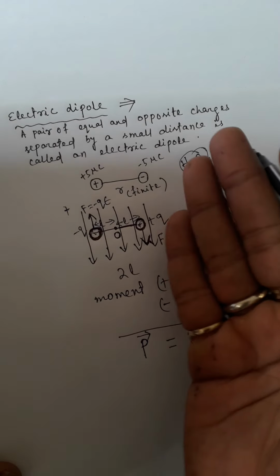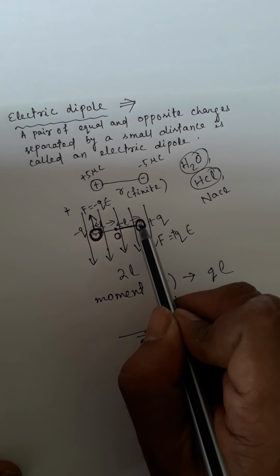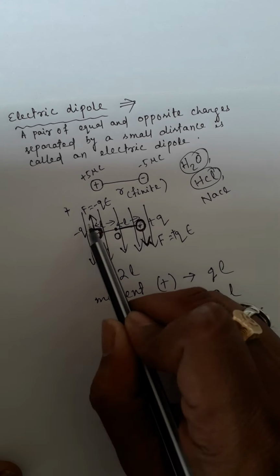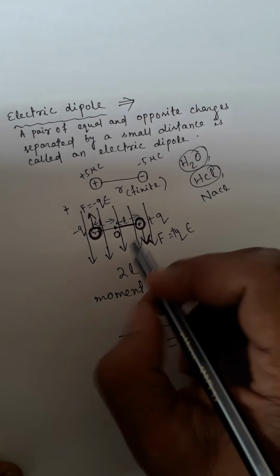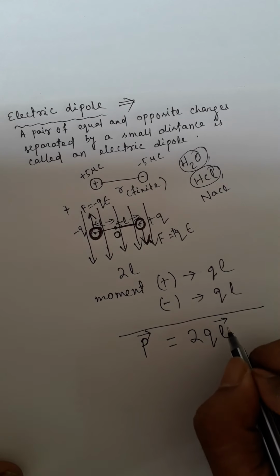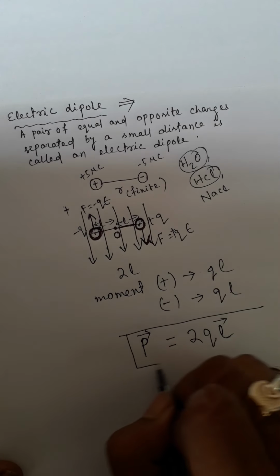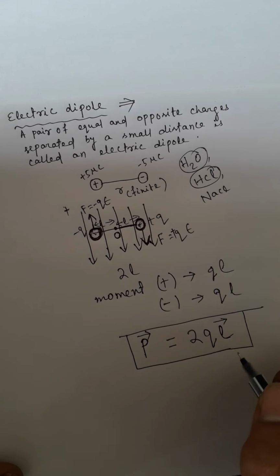Or in chemistry you can say that the direction of the dipole is always from positive to negative, and there the displacement is from positive to negative. So this L will be a vector quantity and the dipole moment P will be a vector quantity.